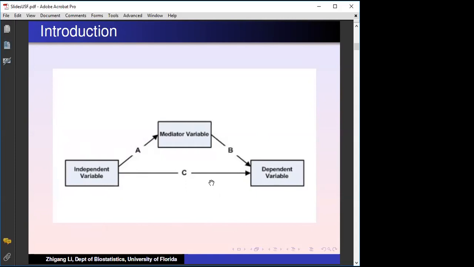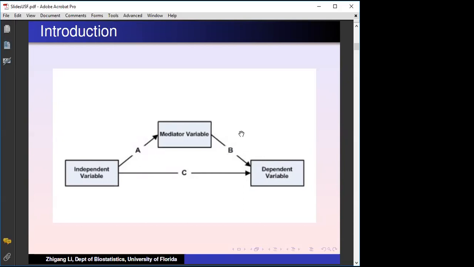So the assumptions are basically saying that there should be no unmeasured confounding in all these causal pathways, A, B, C. So that would be three assumptions. And the last assumption is regarding this causal path from the mediator variable to the dependent variable. So in addition, there should be no unmeasured confounding.